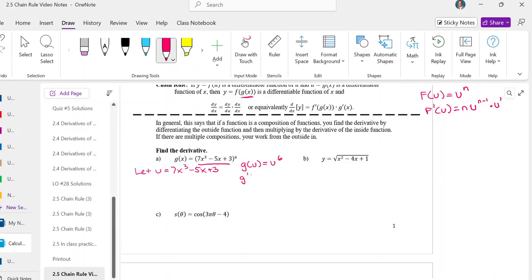So g prime of u would be 6u^5 times the derivative of whatever u is. So to find the derivative, you take 6 times (7x^3 - 5x + 3) times the derivative of u. Well, u prime here is 21x^2 minus 5.